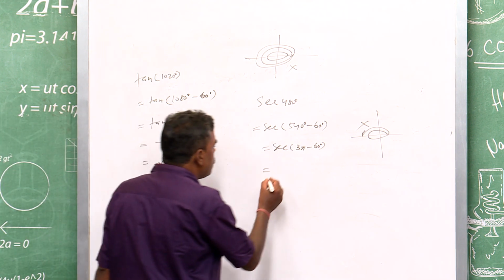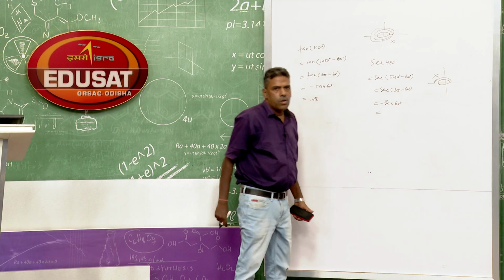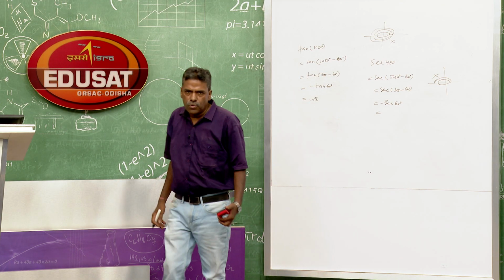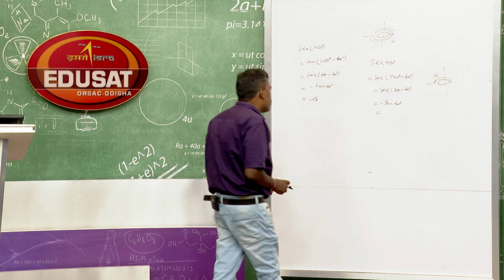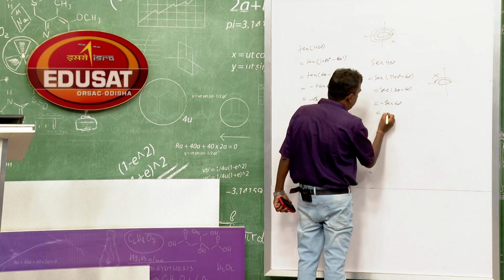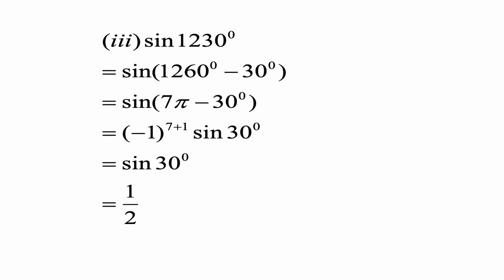So, −sec 60°. cos 60° is 1/2, so sec 60° is equal to 2. So, −sec 60° means −2.